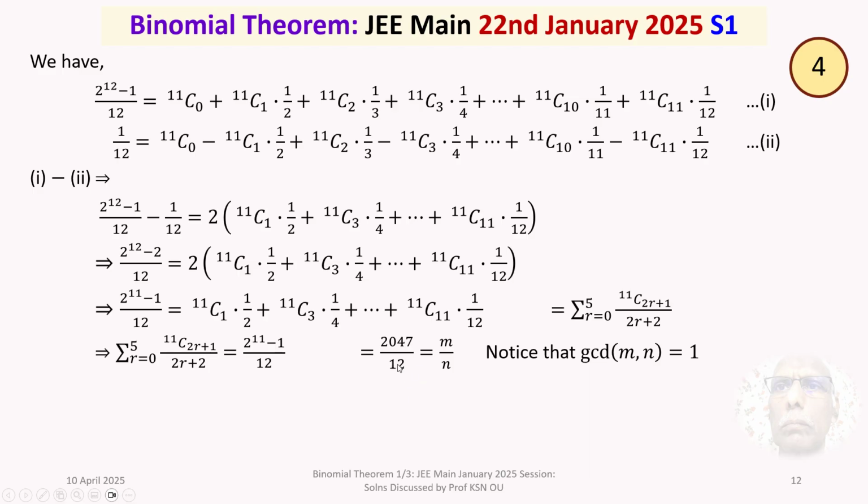The GCD of m comma n is 1. Therefore, m is 2047, n is 12. So, m minus n is equal to 2047 minus 12, that is 2035. The answer to this question is 2035.